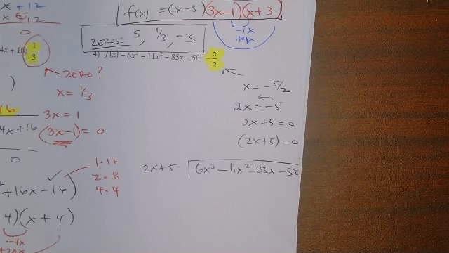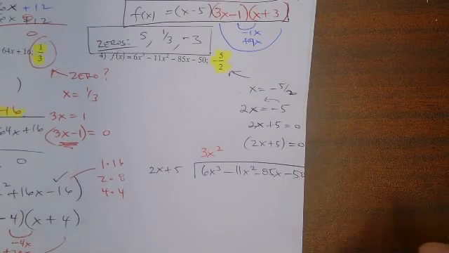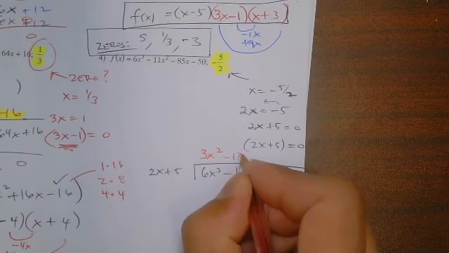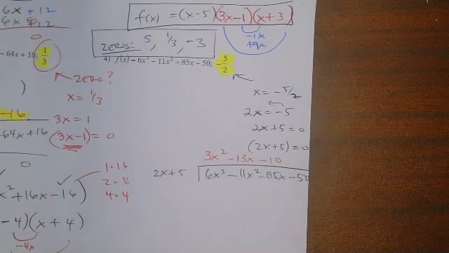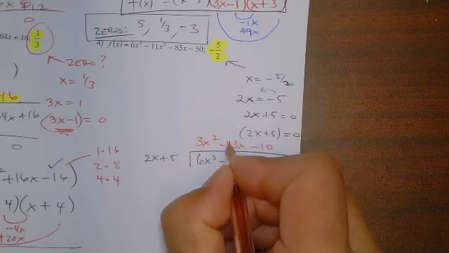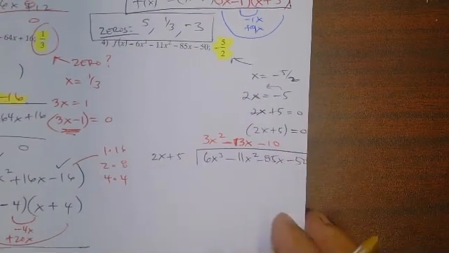I'm just going to give you the answer to save time here, but you should already know how to do long division. Which one did they give us? They gave us the 2x plus 5. So it's going to be 3x squared minus 13x minus 10.